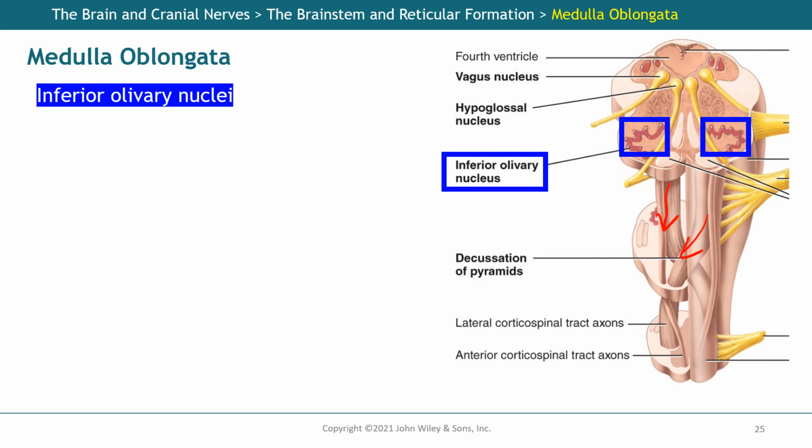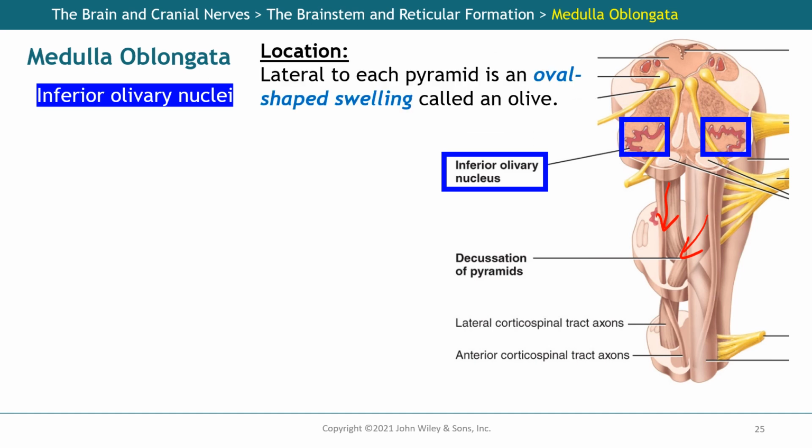In this case, this area is responsible for learning new motor skills. Just to recap, there is something called the inferior olivary nuclei, located close to the pyramids, lateral to the pyramids, in a structure that looks like an olive.